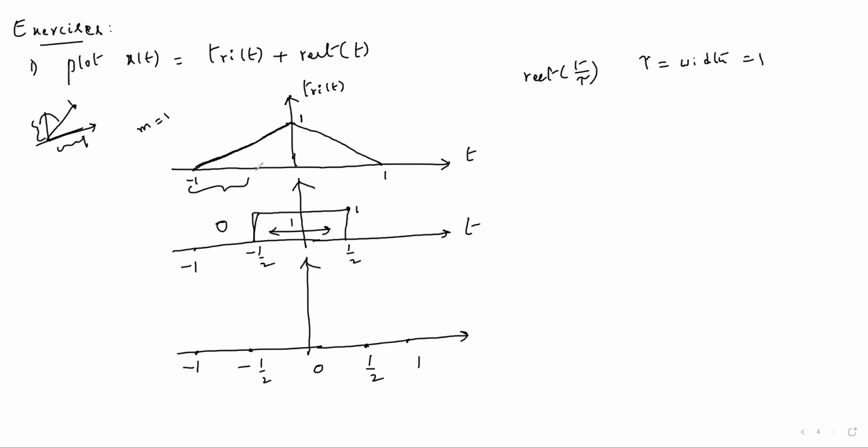Like that, at -half, the amplitude should be half. Similarly, at +half, the amplitude should be half. So from -1 to -1/2, there is only one signal, no confusion. Let us plot the signal up to 1/2.